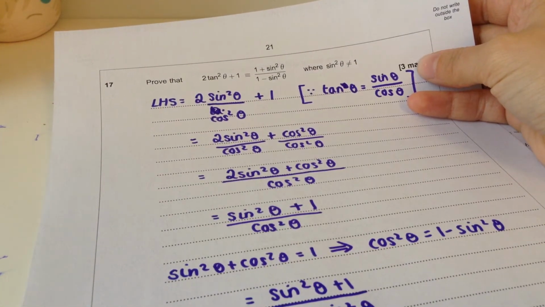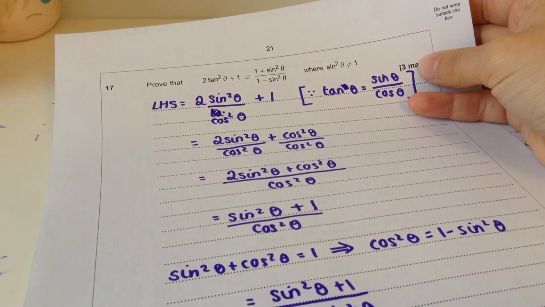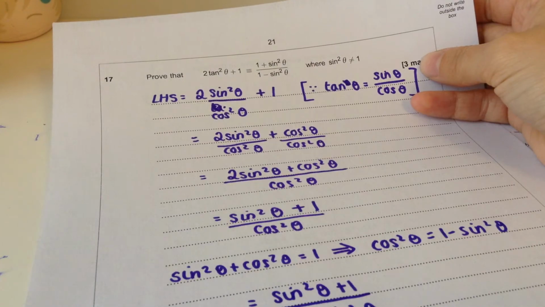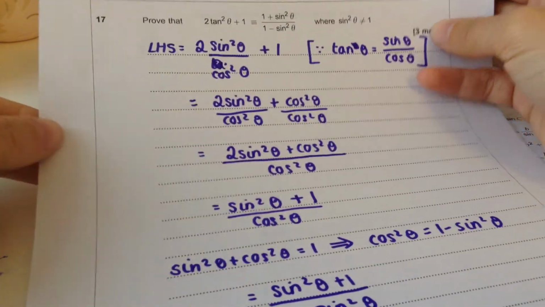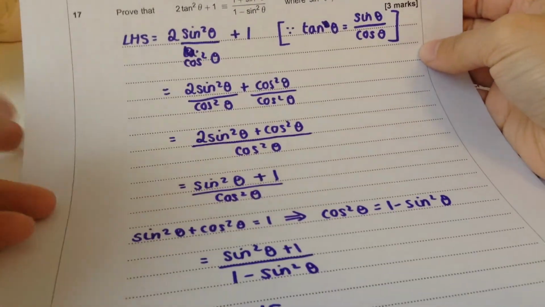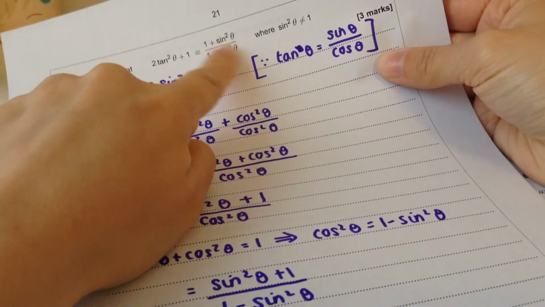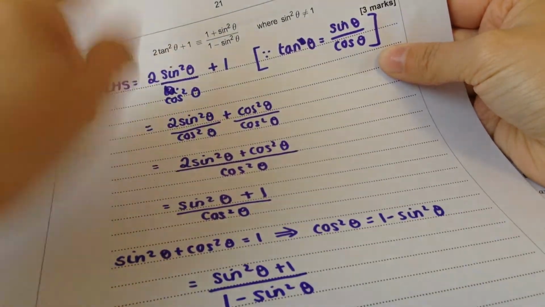Many students started from the left-hand side by writing tan squared is sine squared over cos squared, good, but often made no further progress. Alternatively, starting from the right-hand side, because you are allowed to do that. I started from the left because that's conventional. You are allowed to start from the right-hand side, mess around with it, and end up with the left-hand side. That's fine as well.